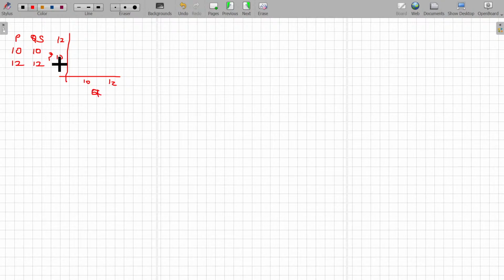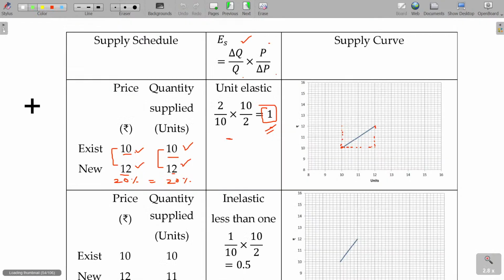Is that okay? When the price is 10, quantity supplied is also 10. When the price is 12, quantity supplied is also 12. It will be an exact line this way. This is called unitary. Elasticity of supply is equal to unit.